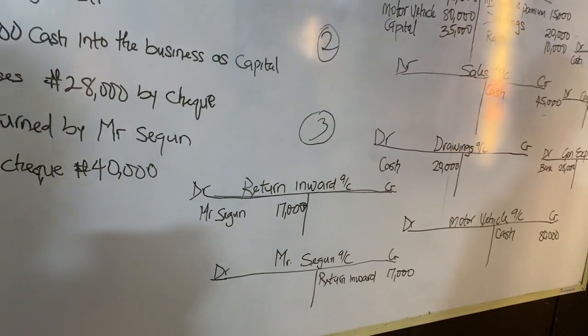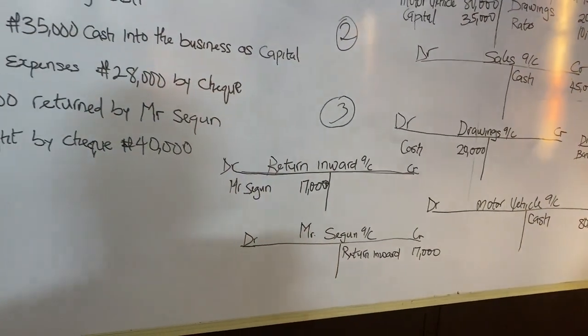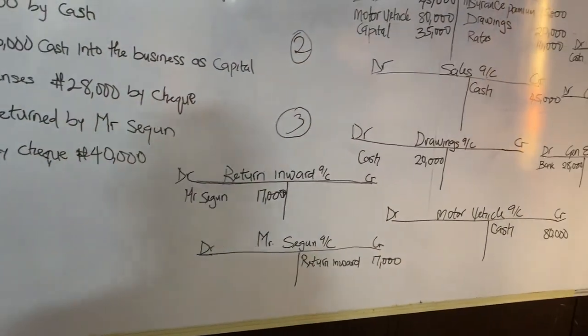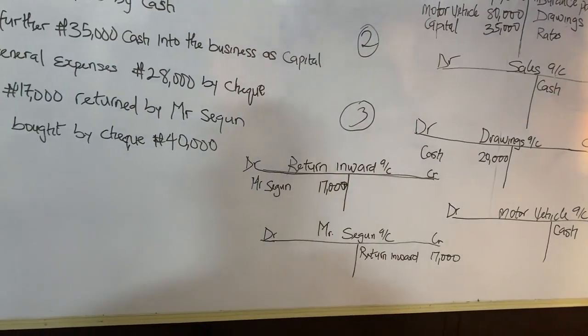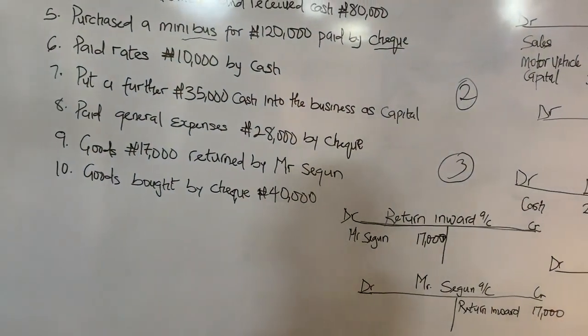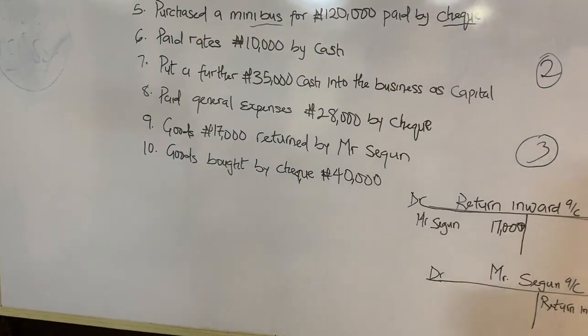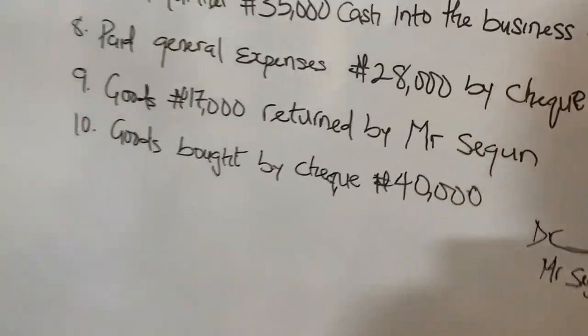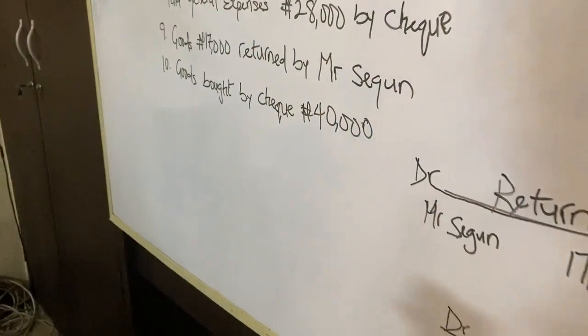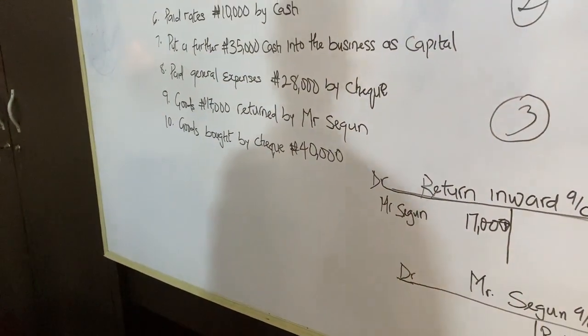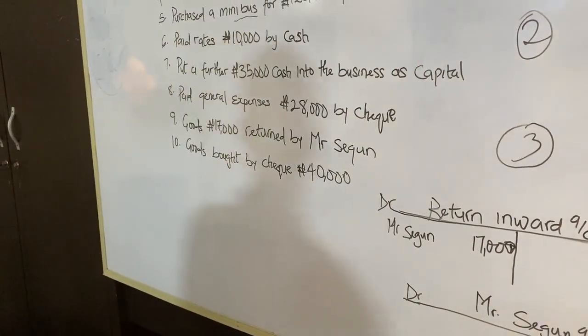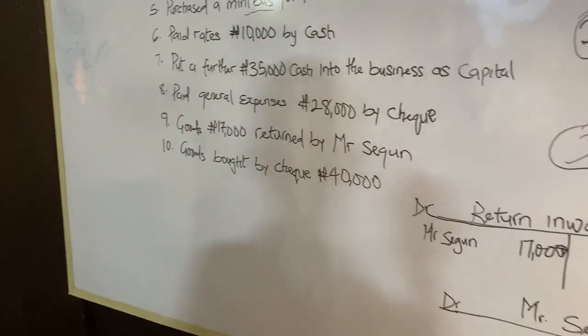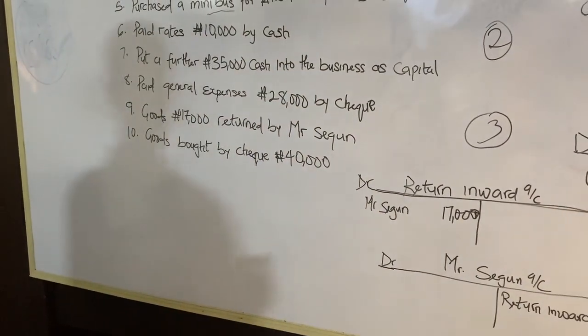Then lastly, goods bought by check, 40,000 naira. Goods bought by check. That is purchases. You bought it, that is purchases. So what will increase? Your purchases will increase, and your check, which is your bank, will reduce.